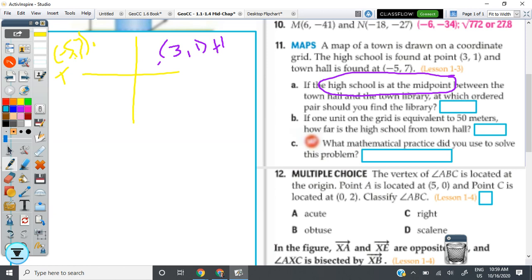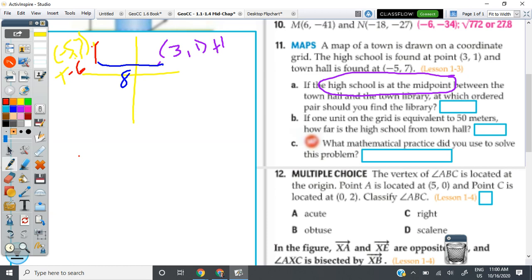So how many down and over do I have to go to the next point? Down 6, because we're going from 7 to 1. So that's down 6. And then over, -5 to 3 is 8.